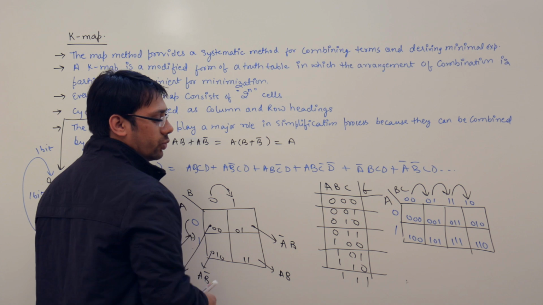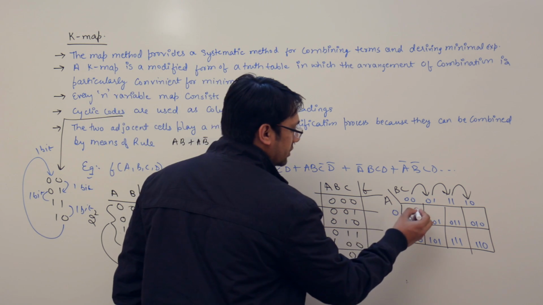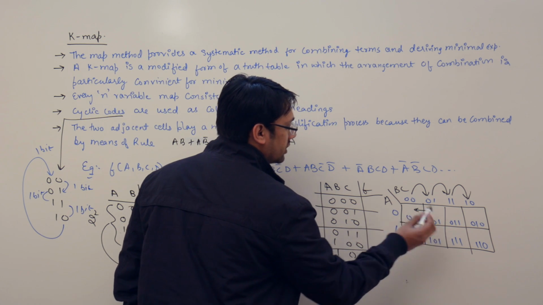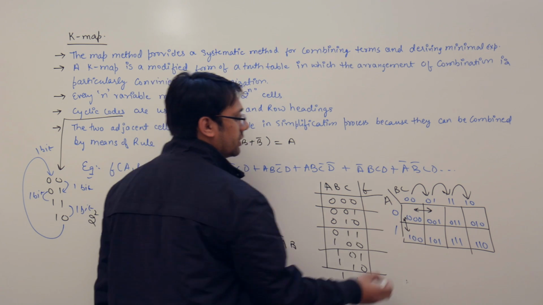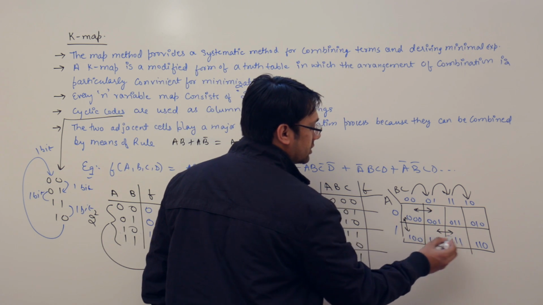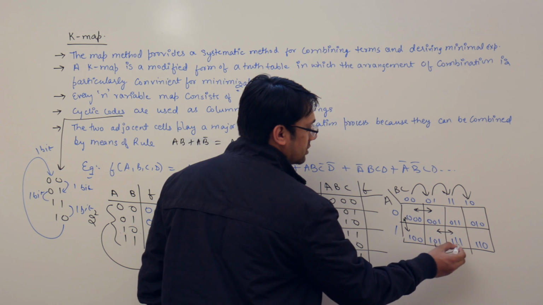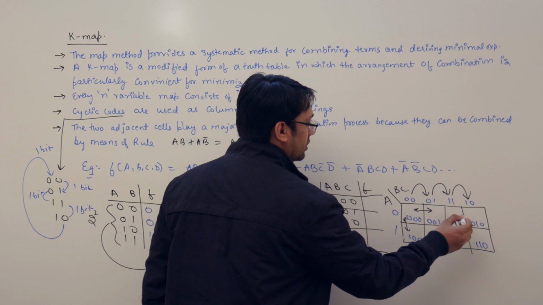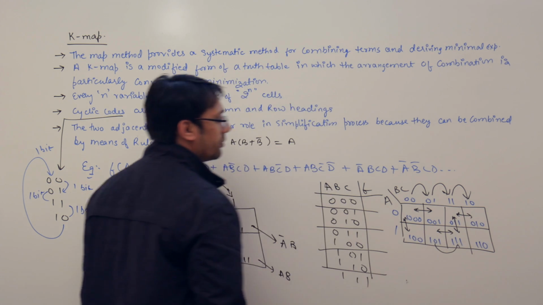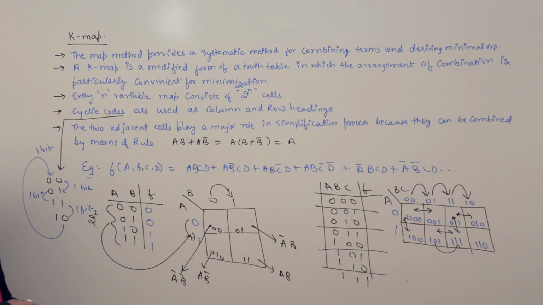If you take any 2 adjacent cells, for example these 2 cells, there is a change of only 1 bit, like 0 is changed to 1. If you take any 2 adjacent cells in row and column, there is a change of at maximum 1 bit, right?